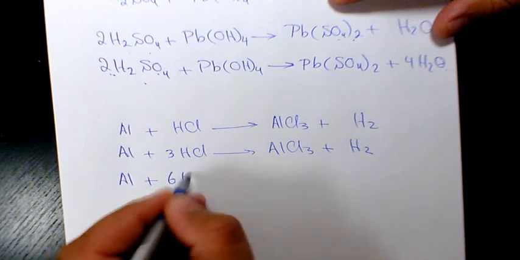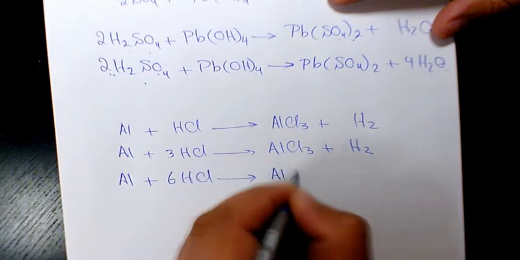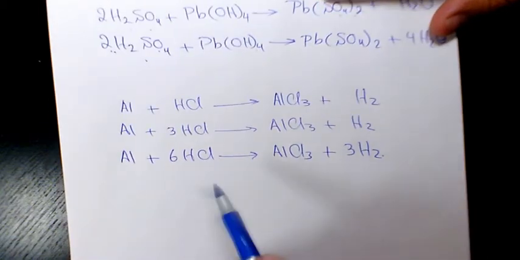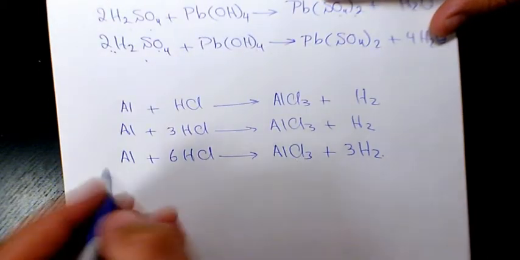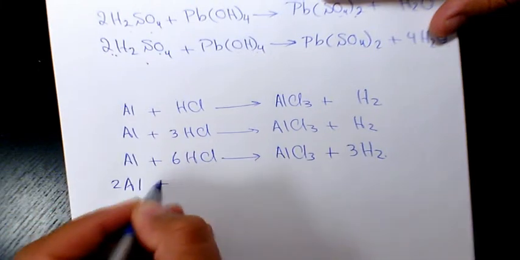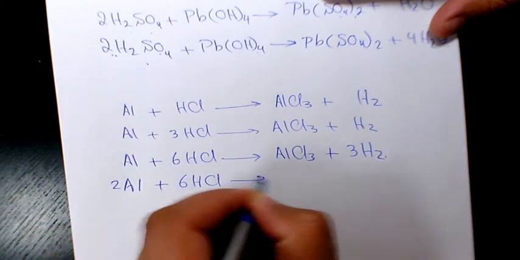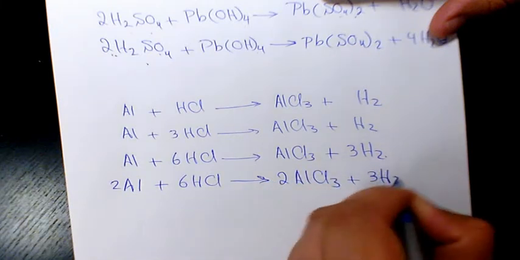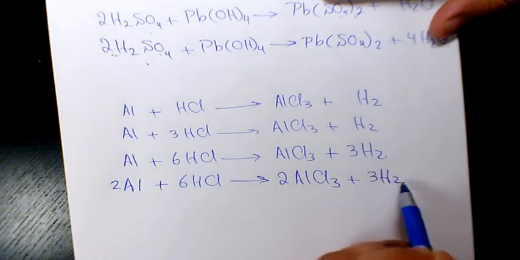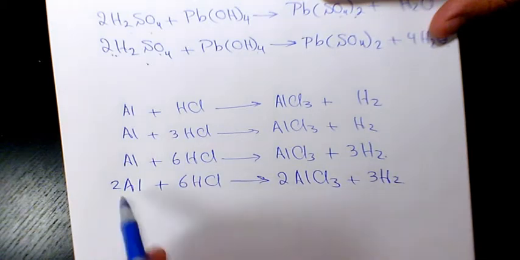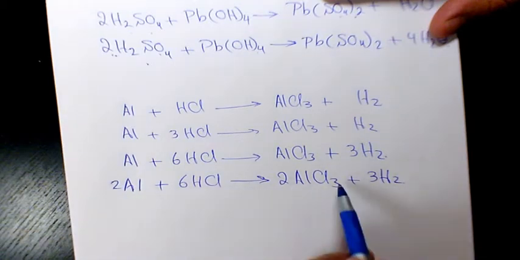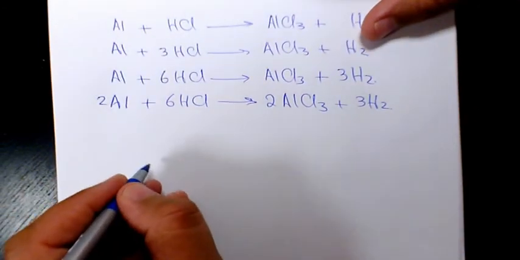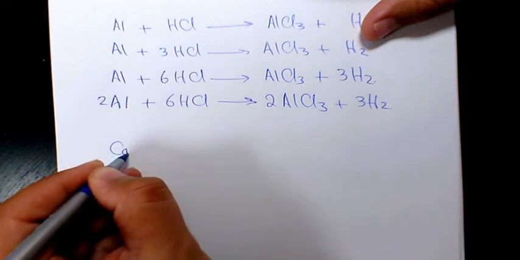So it's going to be 6HCl, AlCl3 plus 3H2. Now I need to place 2 in here and 2 in there. And now I think everything is going to be balanced. So 3 hydrogens, 3 times 2, 6 hydrogens, 6 hydrogen, 2 Al, 2 Al, 6 chlorine and 6 chlorine. That's balanced.